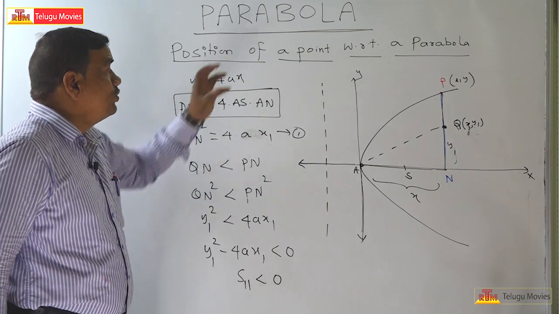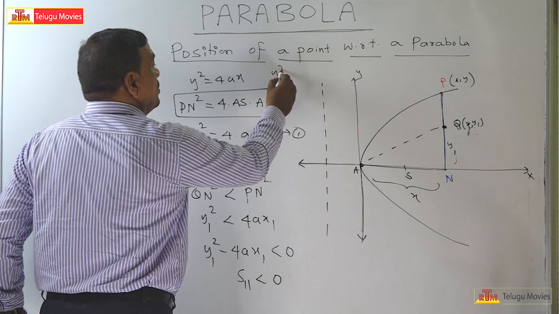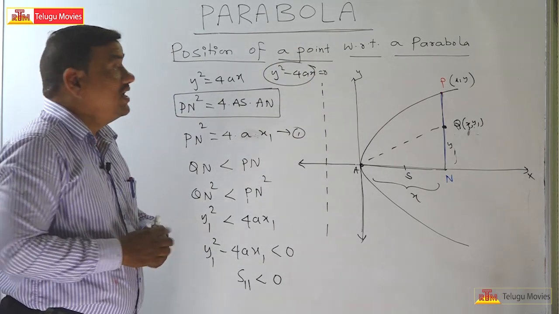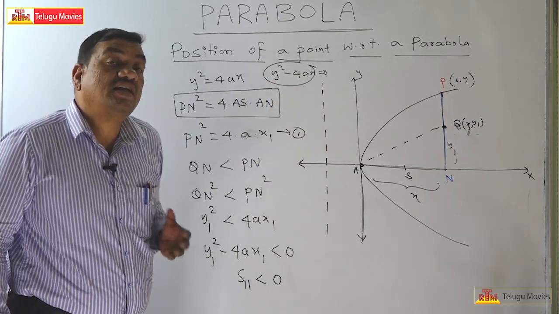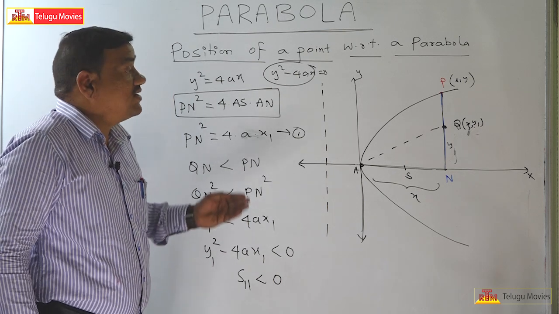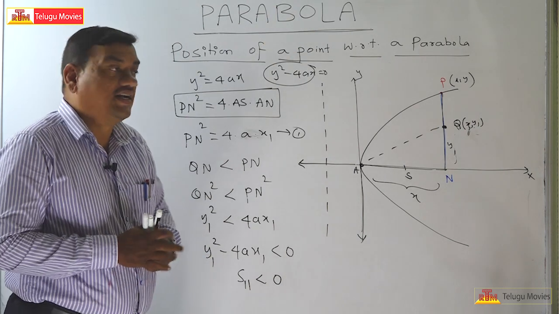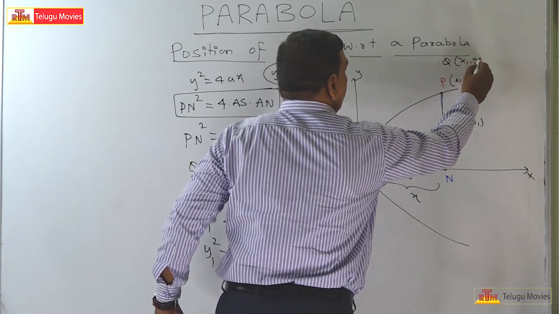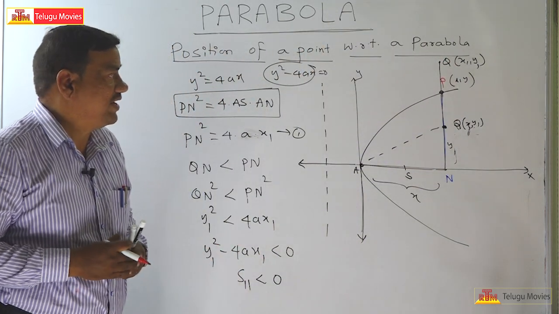That means if you substitute that point x1, y1 in the left hand side of the equation y square minus 4x is equal to 0, and you get a negative value, we can say that point lies inside the parabola. If it is outside, let us say that point is here, Q(x1, y1). So your point is above the point P(x, y).